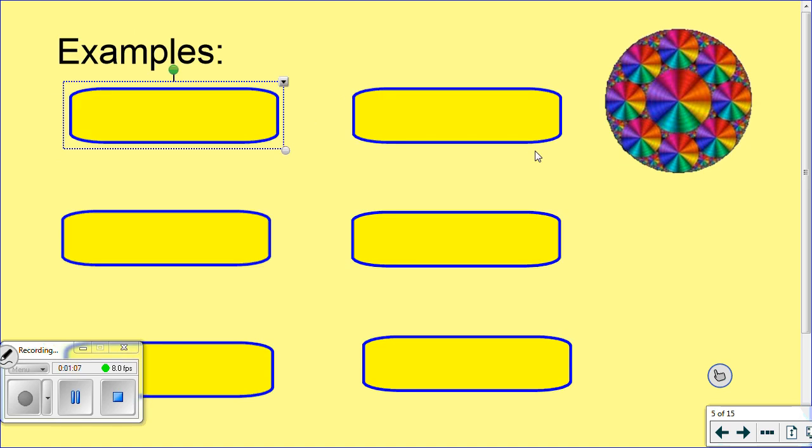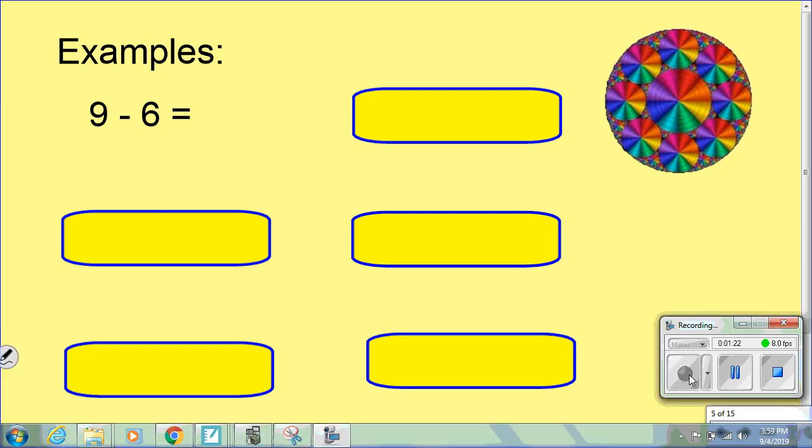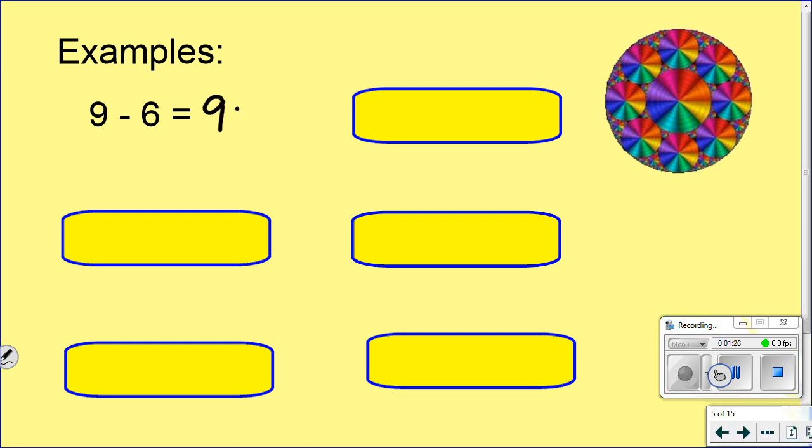All right, so first of all, what's going on here? I have positive 9 minus 6. So in other words, we can think of these signs as being different. This is like a 9 plus a negative 6, right?